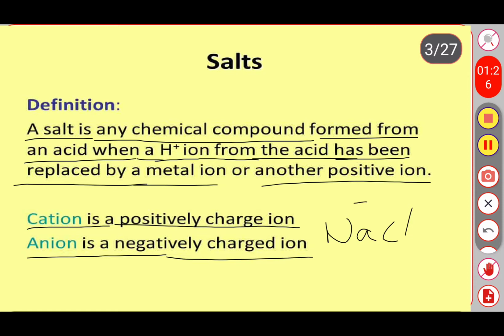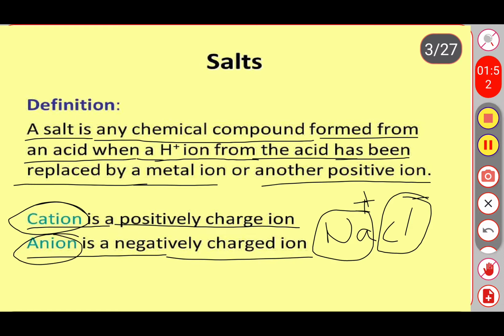Sodium is the positively charged ion here and chlorine is the negatively charged ion. So each and every salt has two ions. The positively charged ions are called cations and the negatively charged ions are called anions, right?